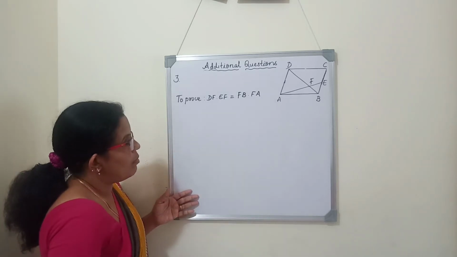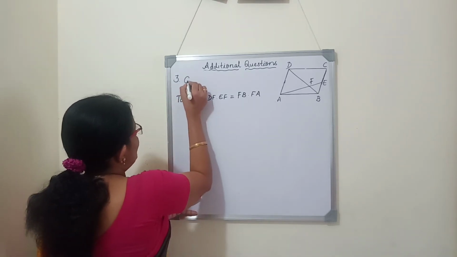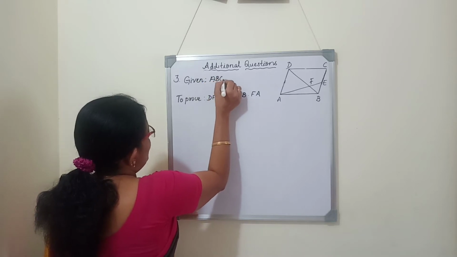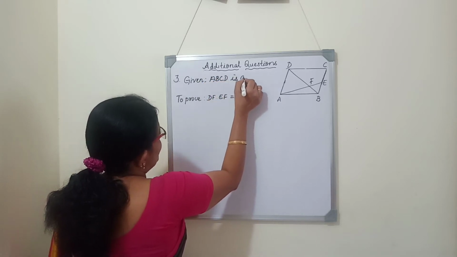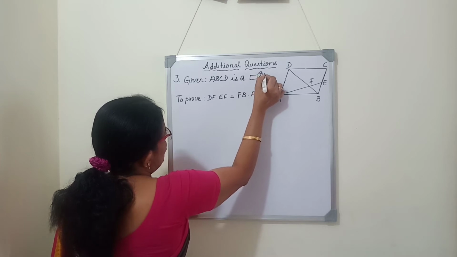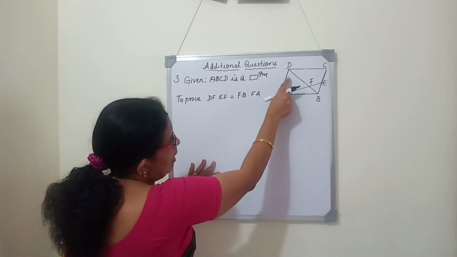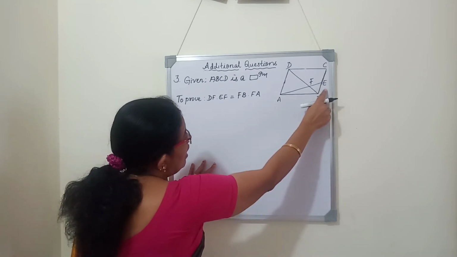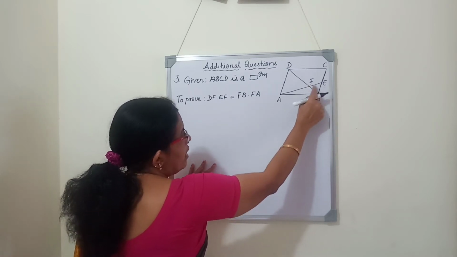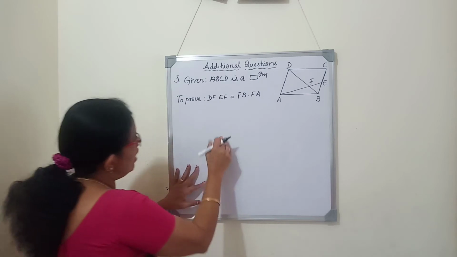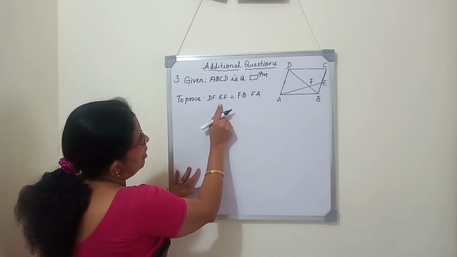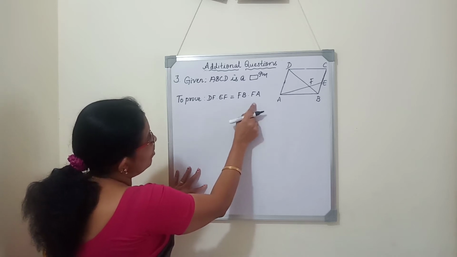Given that ABCD is a parallelogram. DB is a diagonal. Diagonal DB and AE will meet at F. So A is not the diagonal, only DB is the diagonal. We have to prove that DF into EF is equal to FB into FA.